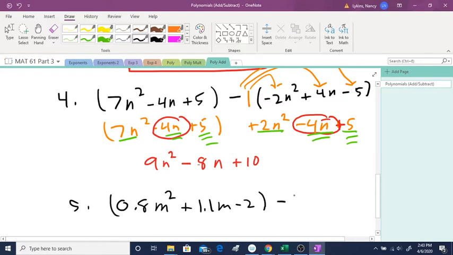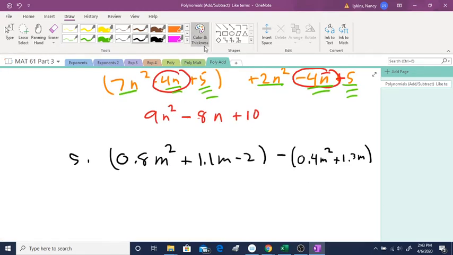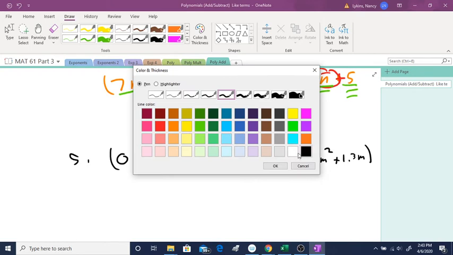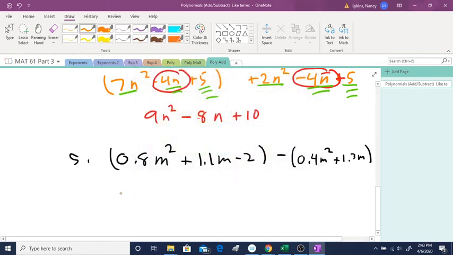And I'm going to subtract 0.4m squared plus 1.3m. So I'm going to leave this as 0.8m squared plus 1.1m minus 2.